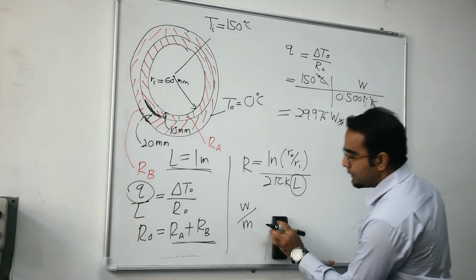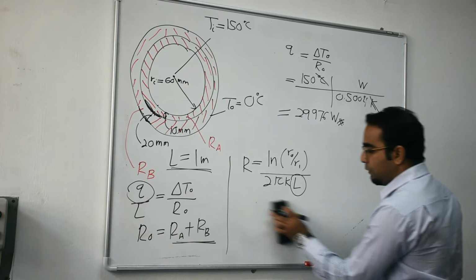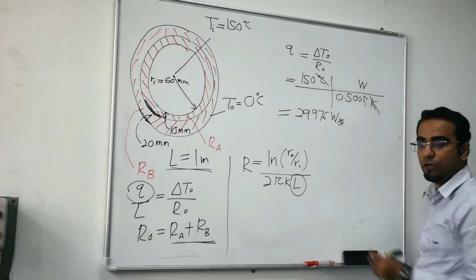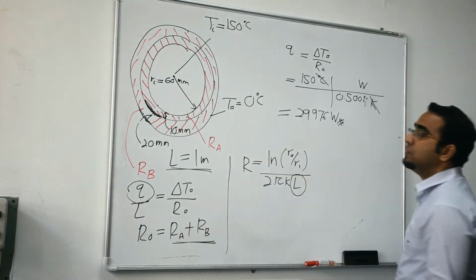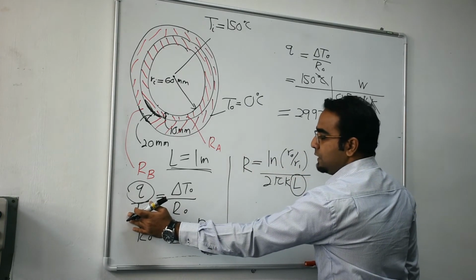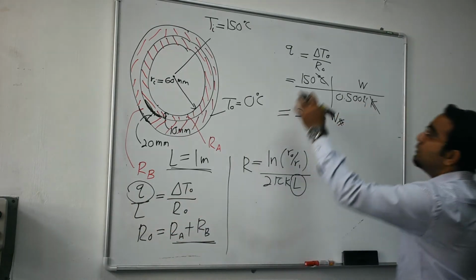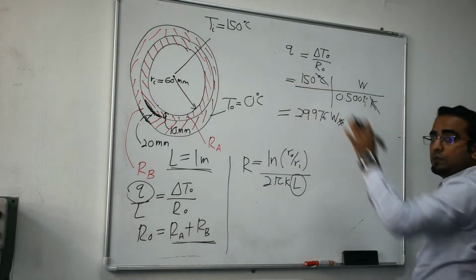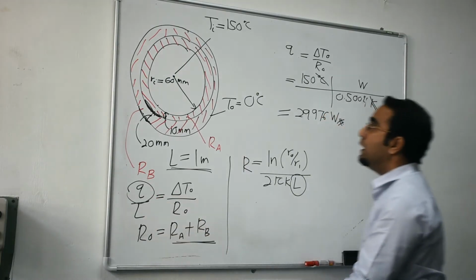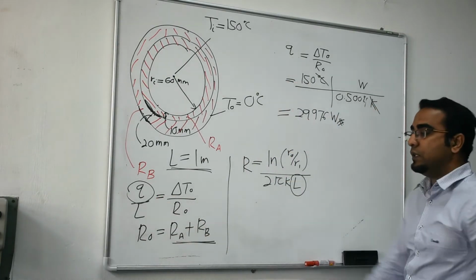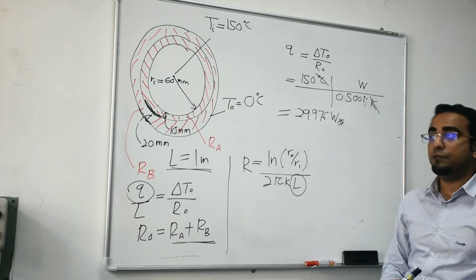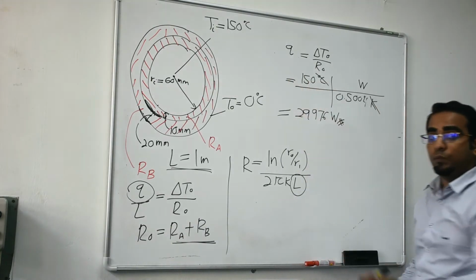If your question, like our example, has given the value of L, we know the value of L to be 1 meter, so you will just remove this L from this equation and you will get this equation. So be careful whether you will use Q over L or Q, because if you are using Q over L, the unit will be watt per meter, but if you are using Q, the unit will be watt.